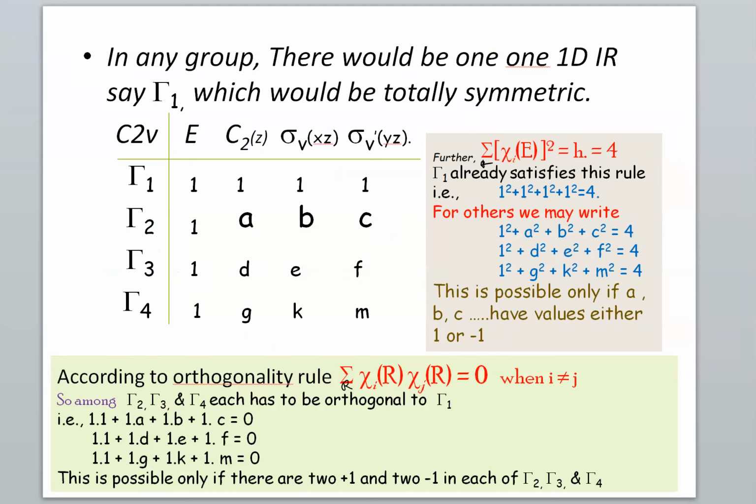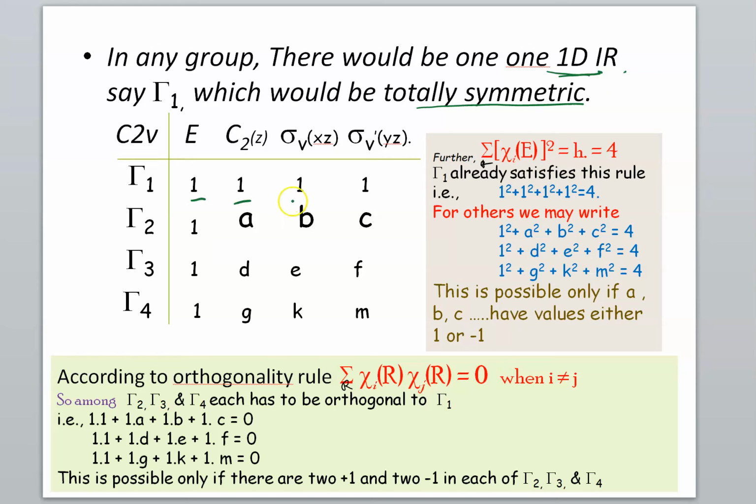In any group, one thing you have to keep in mind: in any point group, there would be a one-dimensional irreducible representation, say gamma 1, which is totally symmetric.